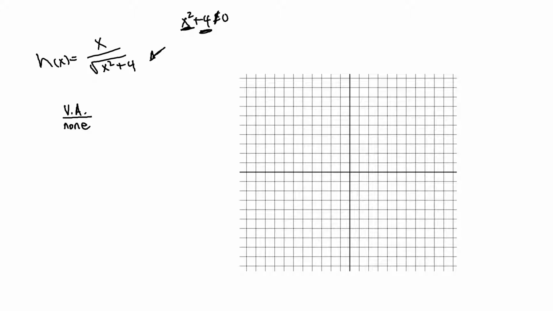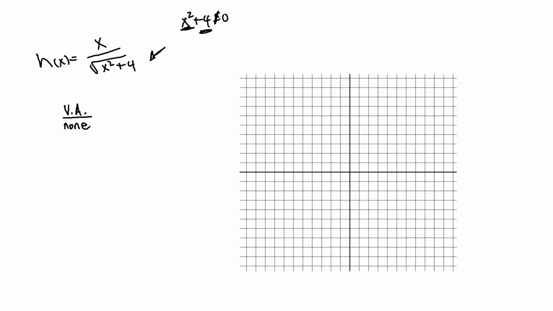What about our horizontal asymptote? Well, there are a few ways that we could do this. We could look at the degree of the leading term. The problem here is that we have this big square root in the denominator. So let's reason on what exactly the horizontal asymptote is. Remember we said that a horizontal asymptote represents behavior as the function goes out to infinity.